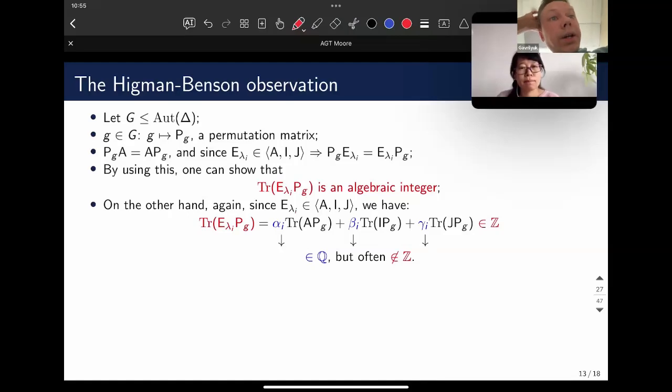On the other hand, again, since the projection matrix E lambda is a linear combination of A, I, and J, we can write this trace as a linear combination of these matrices.